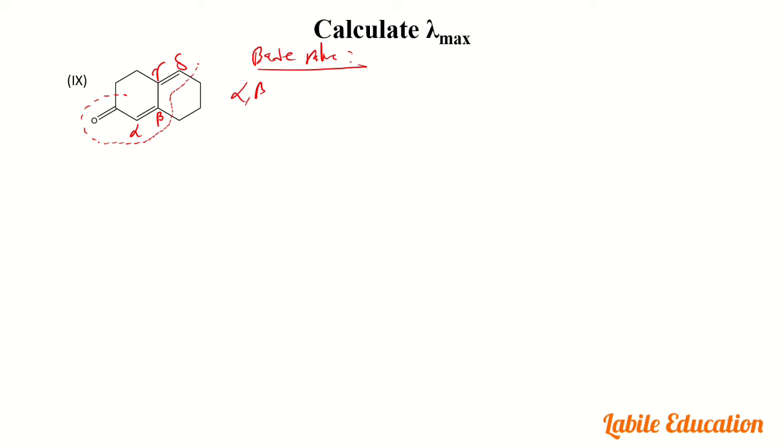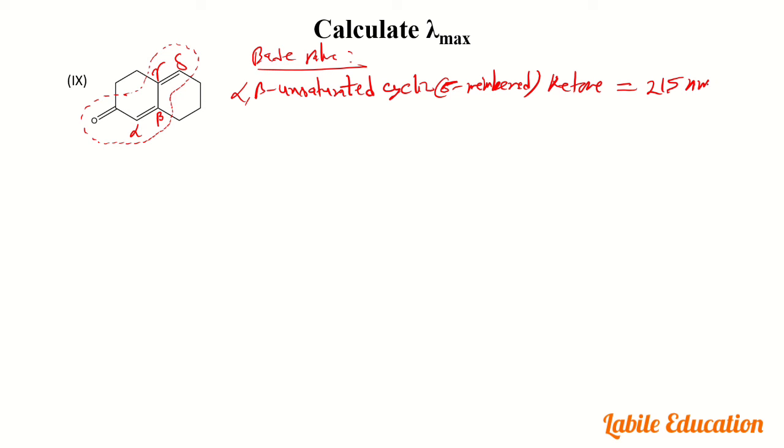This is the conjugated system we have marked. So this is an alpha beta unsaturated cyclic 6-membered ketone. This is the system, so the base value will be 215 nanometer.